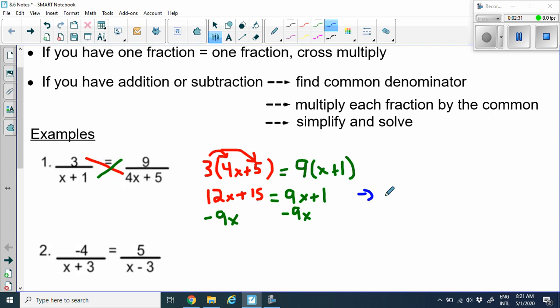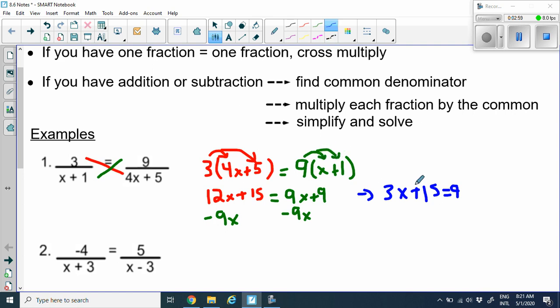And when I do that, I now get 3x plus 15 equals 9. Oh, sorry, that should be 9, not 1. That's my mistake. This should be 9, since we distribute that 9 to both the x and 1.